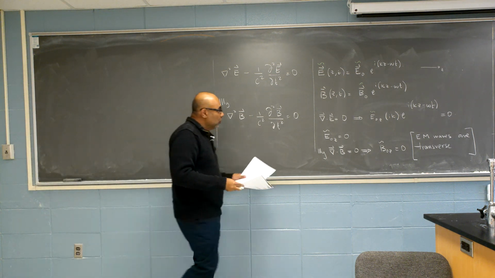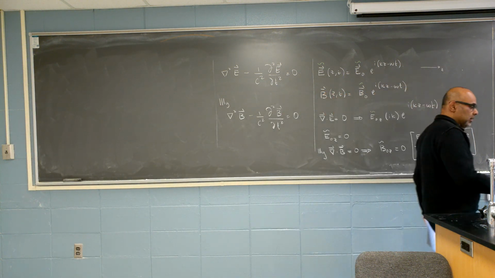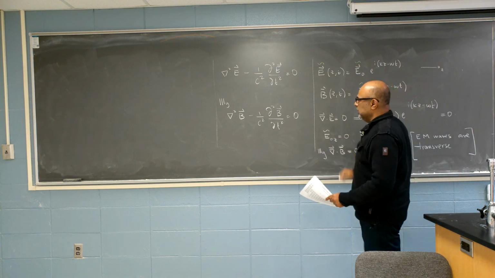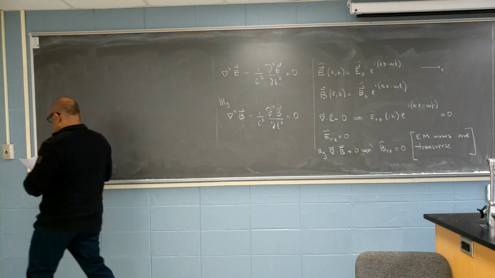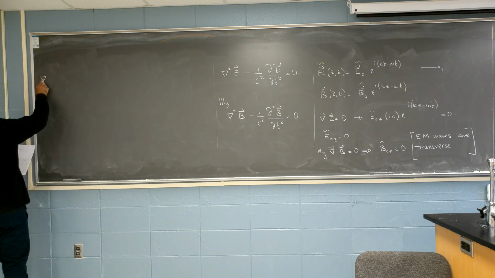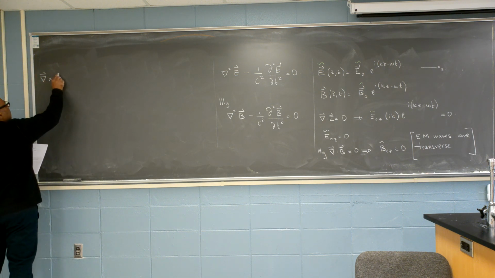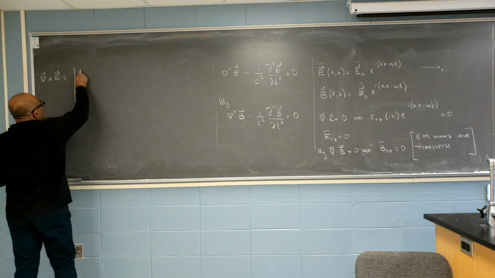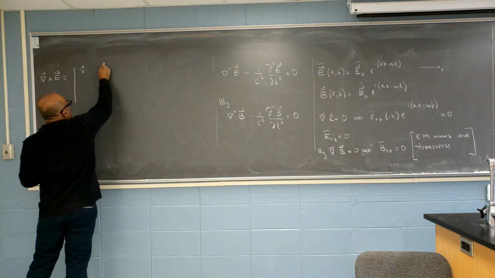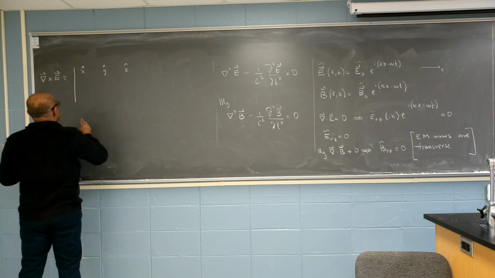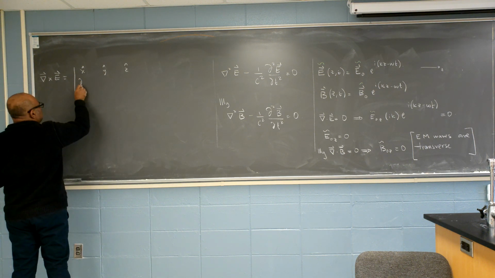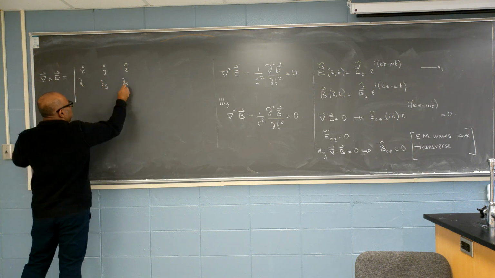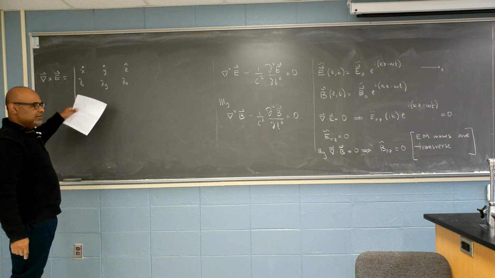Then comes the actual additional relationship between these two vectors. Curl of E is equal to, well, let's just take x hat, y hat, z hat, partial with respect to x, partial with respect to y. So we've discussed this notation, right?